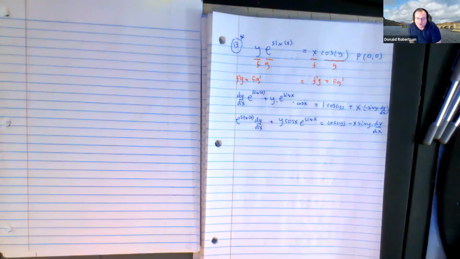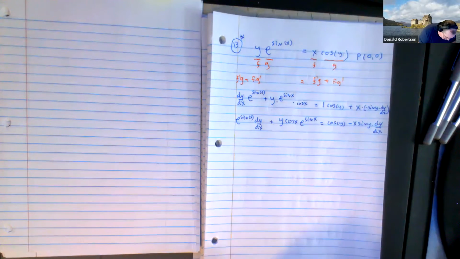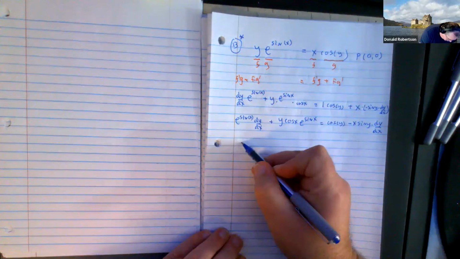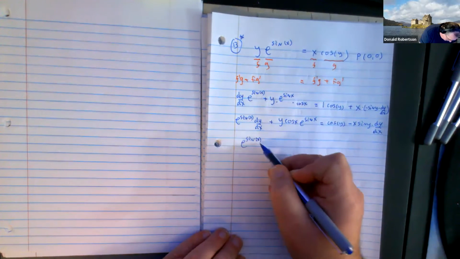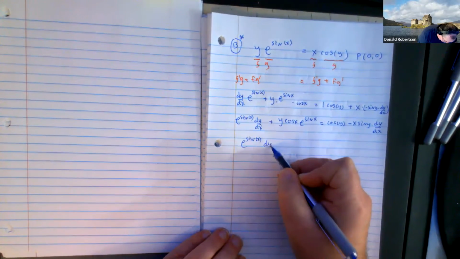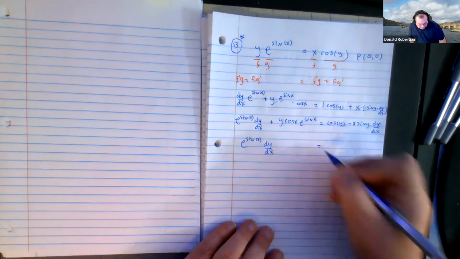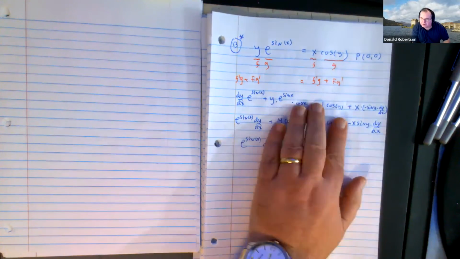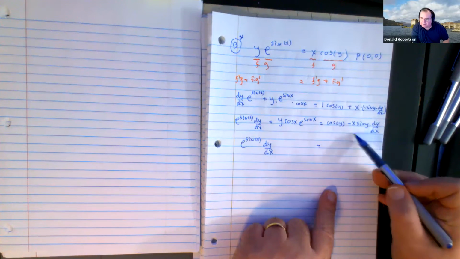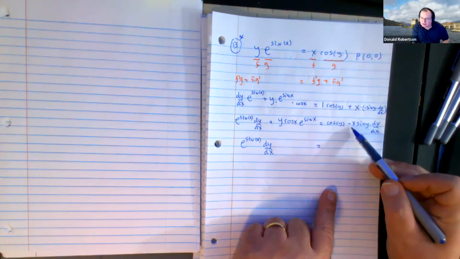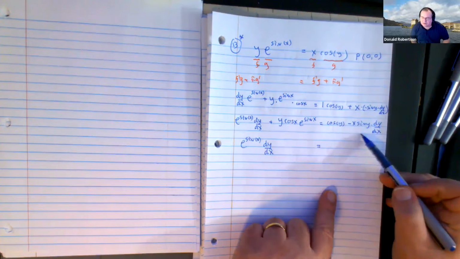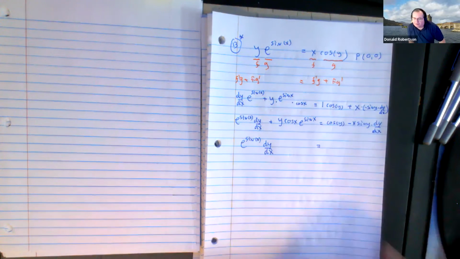What we need to do now is solve for dy by dx. I kind of like this term, so I'm going to leave it there. What do you think I'm going to do with this term here? I don't like where it is, so what's going to happen to it? How am I going to get rid of it?